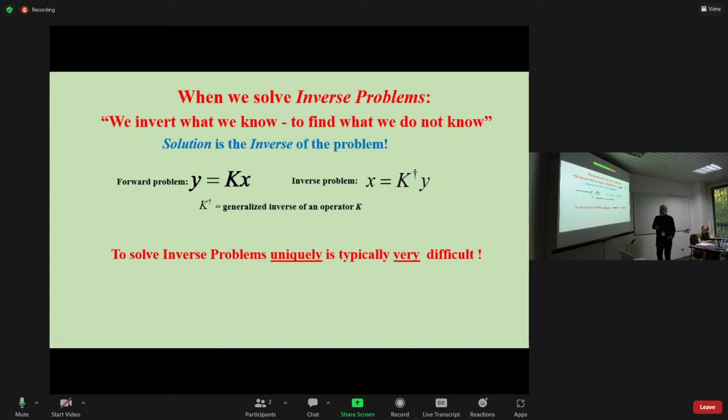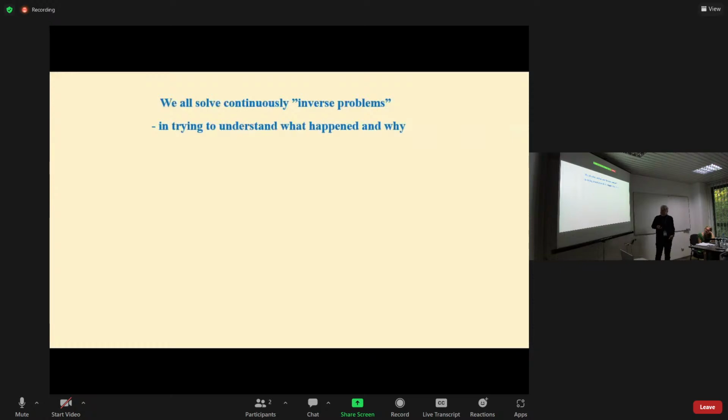But to solve inverse problems uniquely is typically very difficult. And this depends on inconsistencies and noise in the available data, and also the parameter space is often very, very large. You have to explore. But we continuously solve inverse problems. Every day we are trying to understand what just happened and why.